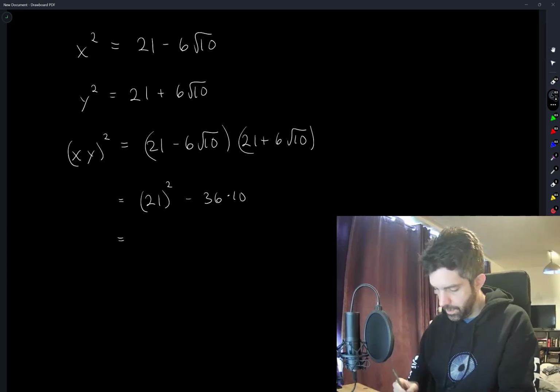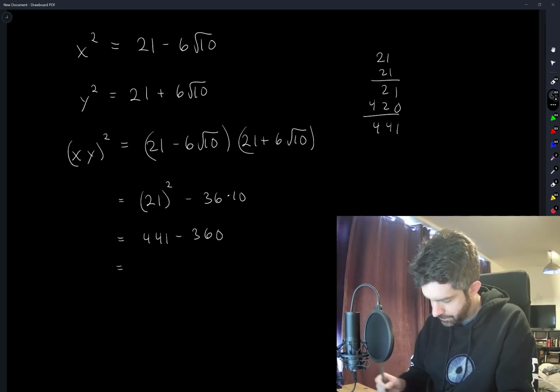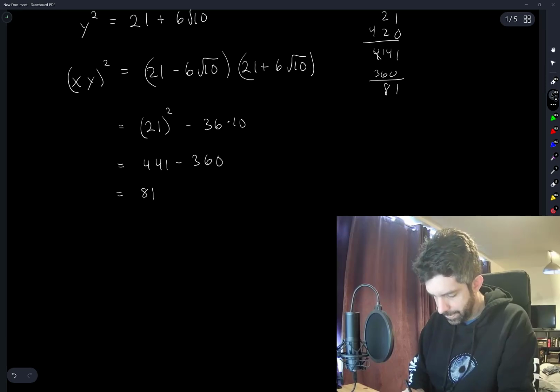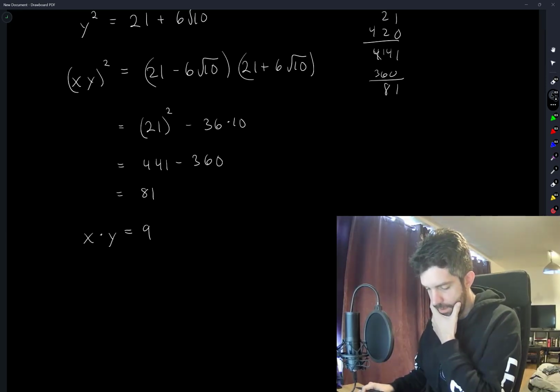What is 21 squared? 441. Okay, so (xy) squared is 81, so x times y is equal to 9, or negative 9. Does this help?